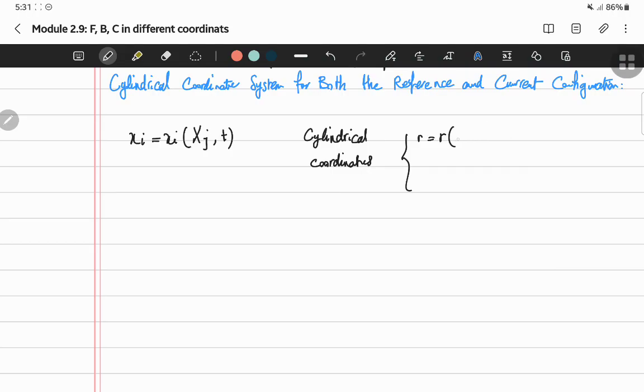But the book actually used R0, theta 0, and Z0 for the reference configuration here. So this refers to the reference configuration or the material coordinate, and r here is for the spatial coordinate or the current configuration. And then we have t. Then we have theta, which is a function of r0, theta 0, z0, and t. And then finally we have z, which is a function of r0, theta 0, z0, and then t.